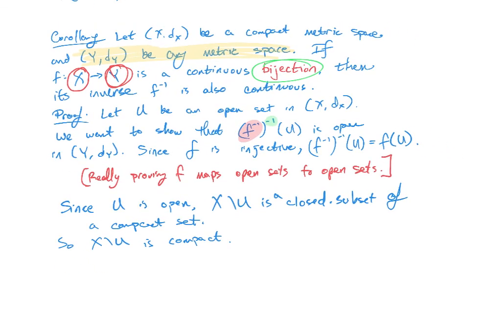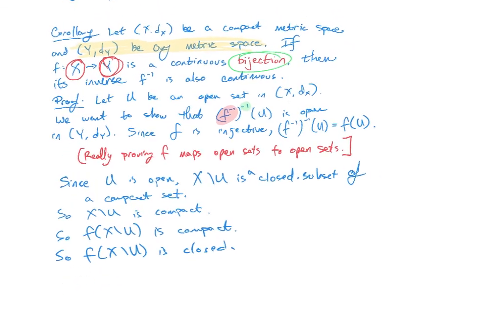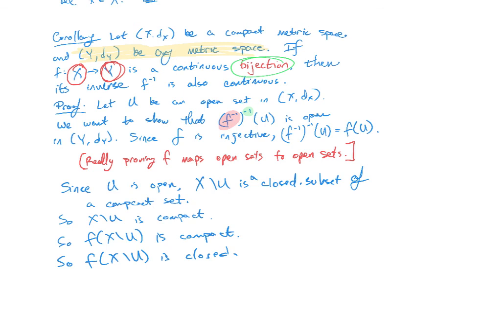F, since it's continuous, maps compact sets to compact sets. Every compact set is closed. Now, the one thing we haven't used is that F is onto. F maps to everything.